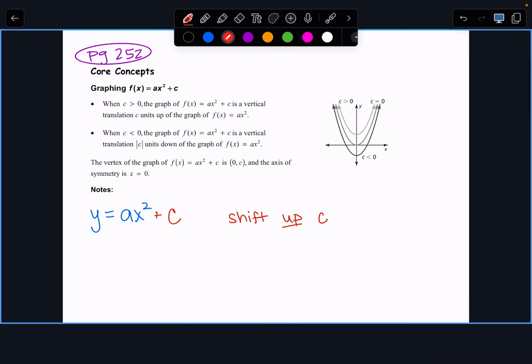We also saw that if we have ax squared minus c, that means we're going to shift down c units. Our vertex is no longer going to be at 0, 0, but it's going to be somewhere else.